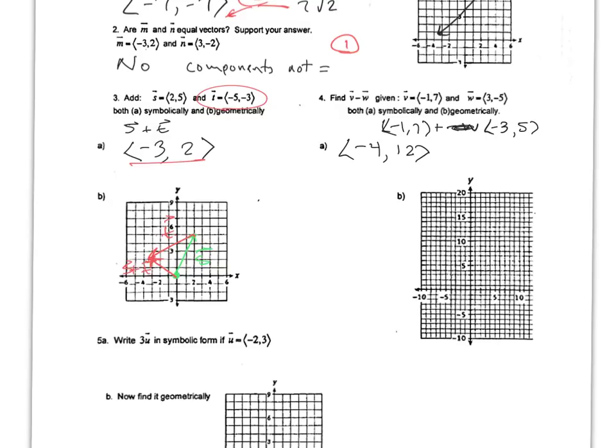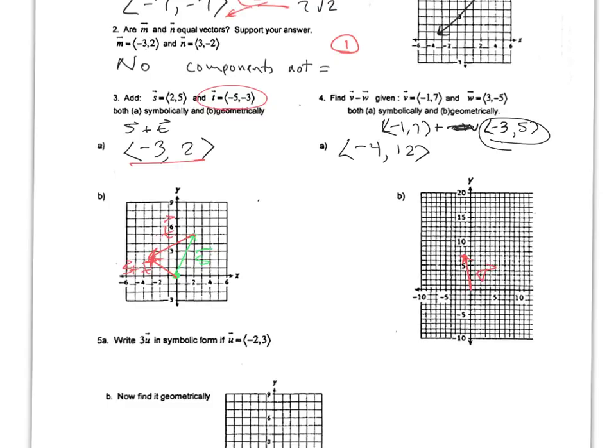When you graph it, I would suggest using the additive inverse, that opposite vector, if you want to call it that. This grid is not as good. We're going to start with vector v in standard position, and vector v is left 1 and up 7. I'm hoping the red shows up okay. That's vector v.